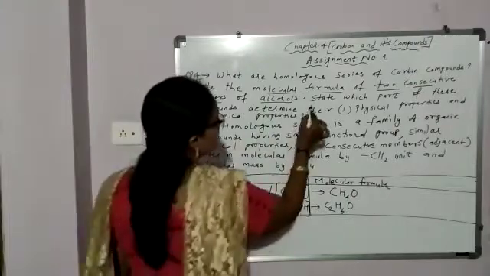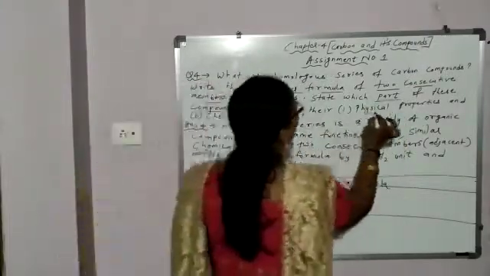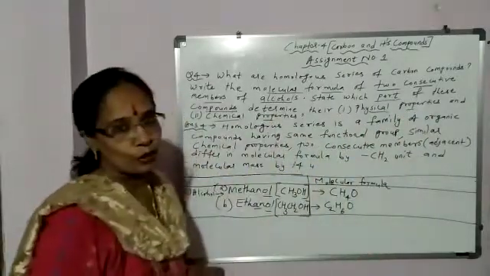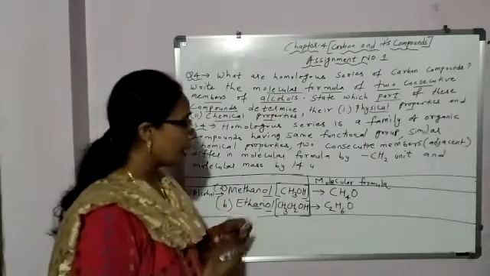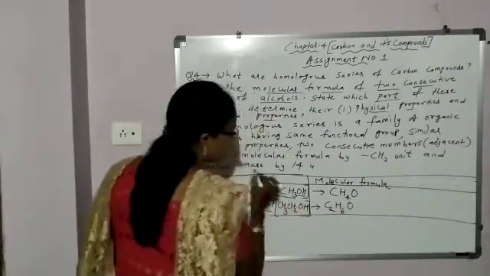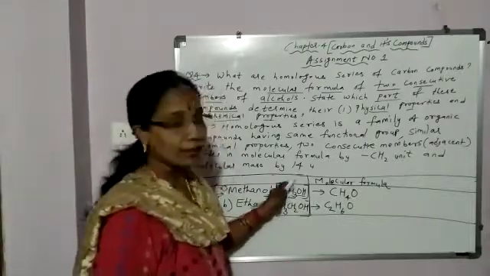What is the question? State which part of these compounds determine their physical properties and chemical properties. So an organic compound has two parts. One is the functional group, the other is the hydrocarbon part containing only carbon and hydrogen.